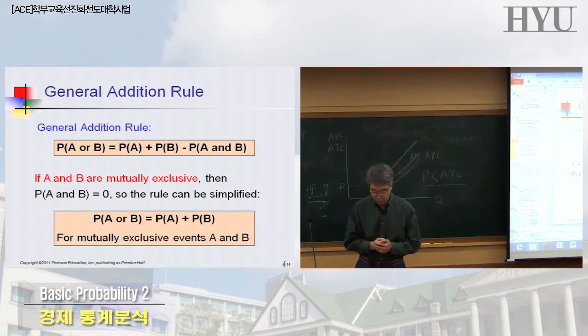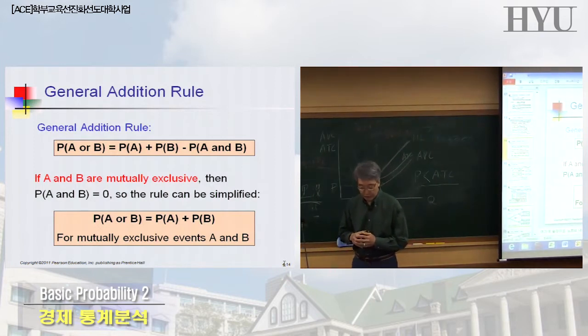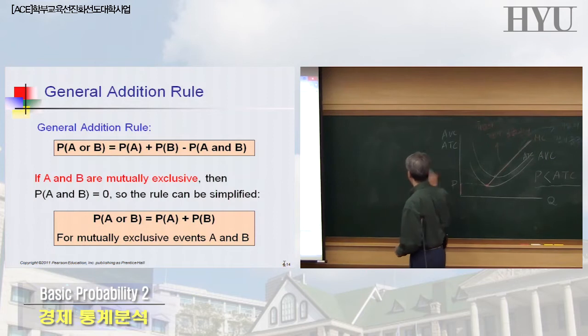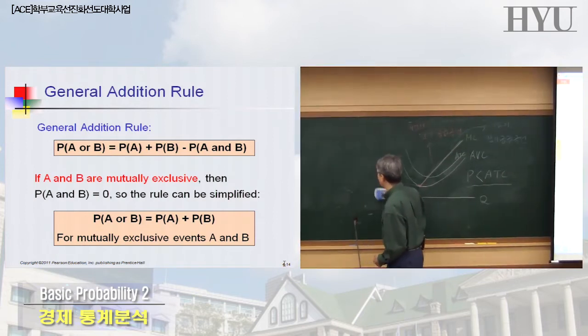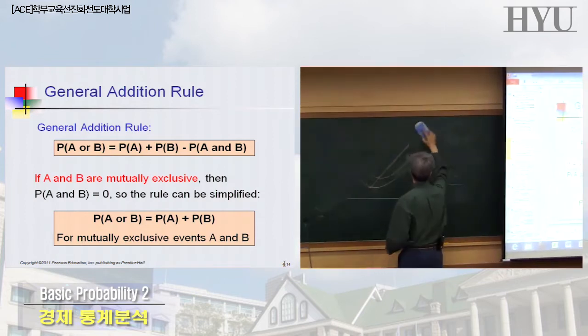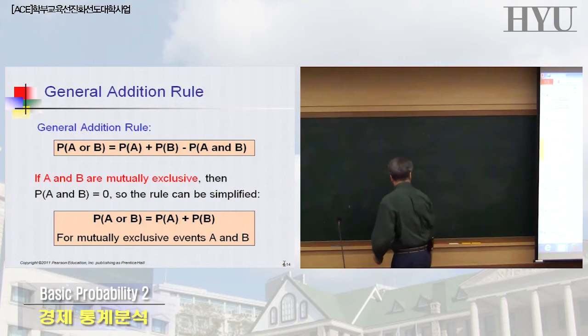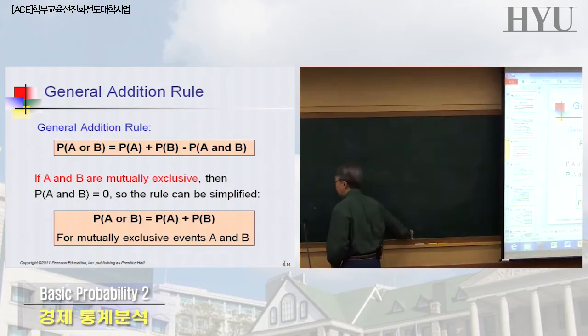And then today we need to start out with the general addition rule. It's a pretty simple concept, I think. Most of you have used this concept already. I think you have pretty good ideas on the addition rule. But let me quickly illustrate this idea.